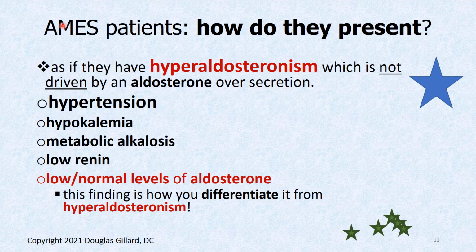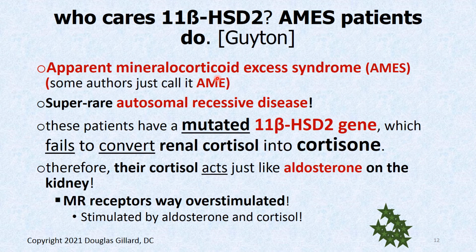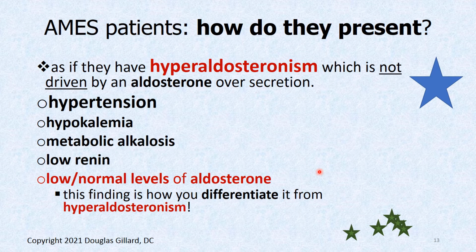So how do AME patients present? They present as apparent mineralocorticoid excess. Mineralocorticoid excess is hyperaldosteronism, so they appear to have hyperaldosteronism when they don't. It's just that the gene that converts cortisol to cortisone is broken and doesn't work.